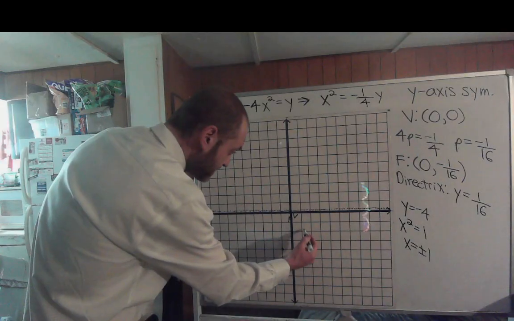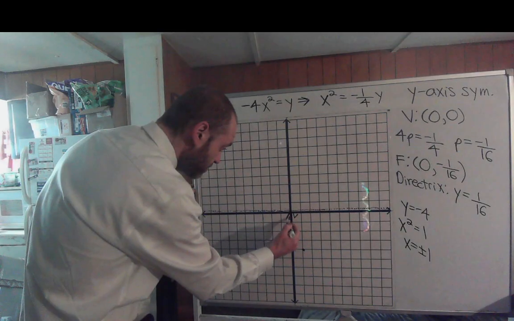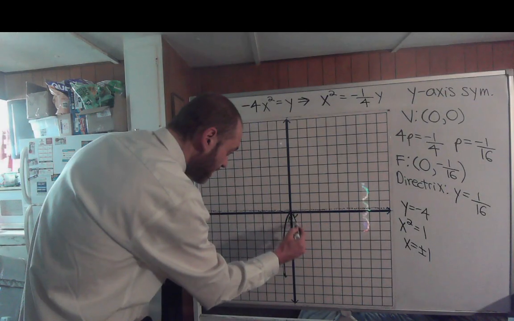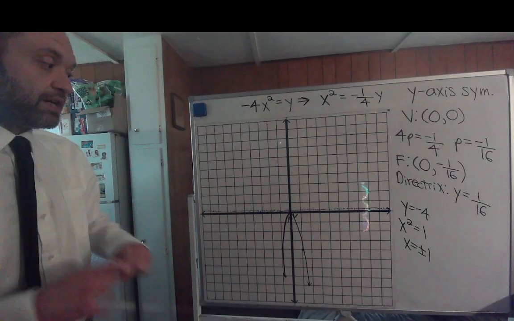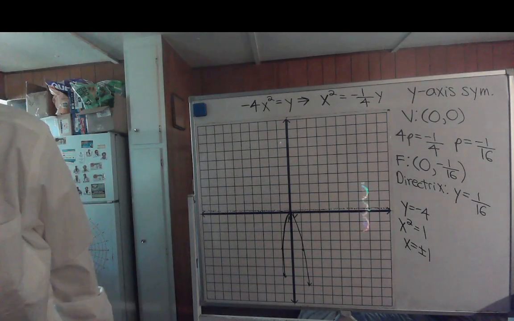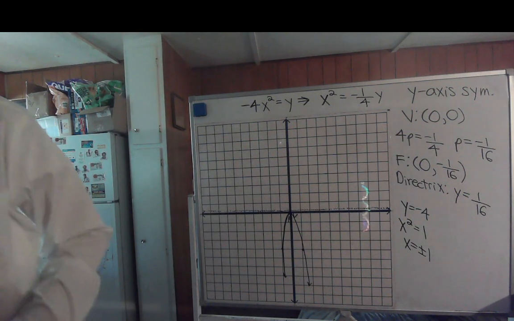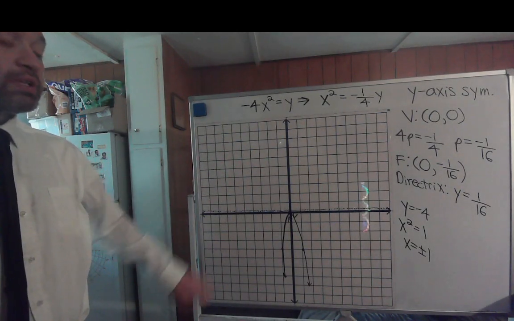When x is +1, I'll also get a y coordinate of -4. So there's roughly what my parabola is going to look like. It's going to be a really skinny thing opening downward. Okay, so again, that's how you would sketch a parabola like that.